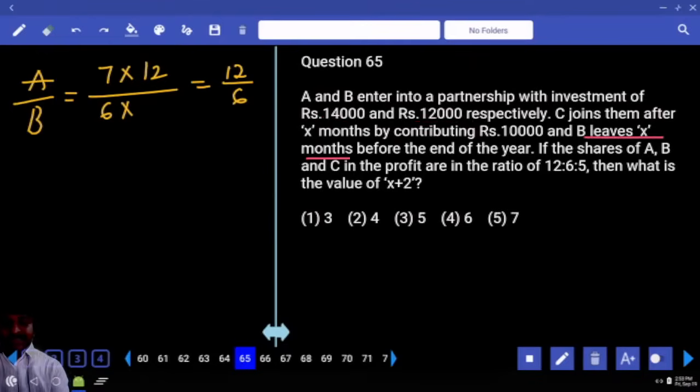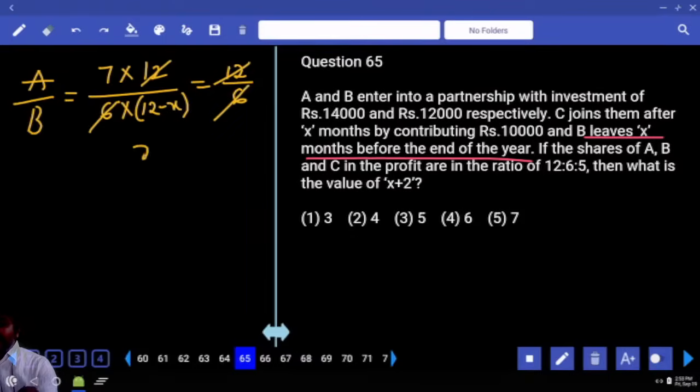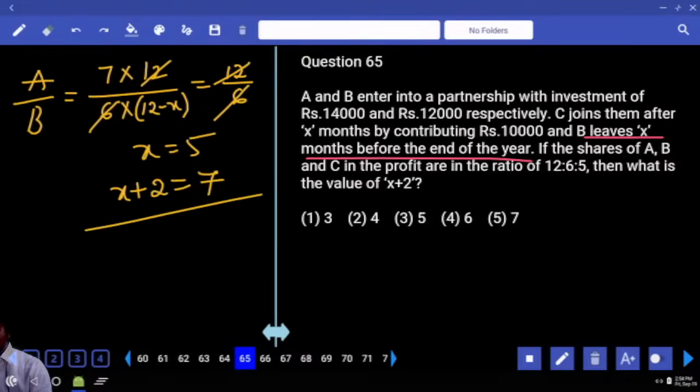B leaves X months before the end of the year. That means B is there for 12 minus X only. 12 cancels, 6 and 6 get cancelled. 7 is equal to 12 minus X, then X is equal to 5. But the question is to identify X plus 2, so the answer is 7. Understood?